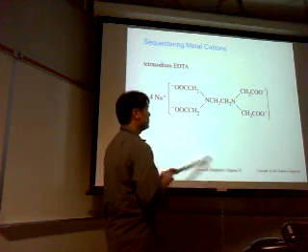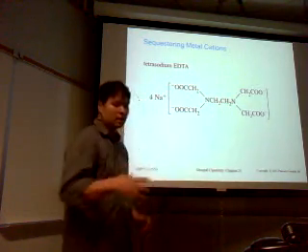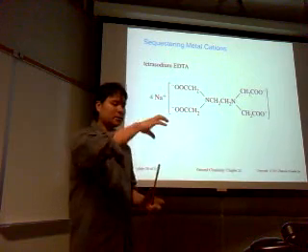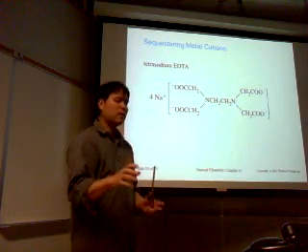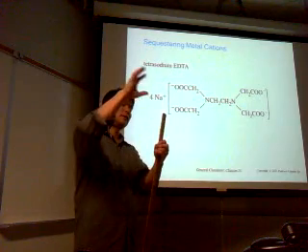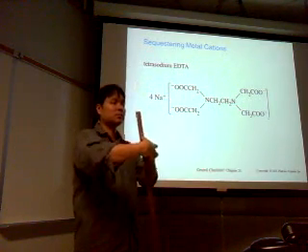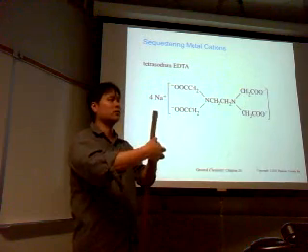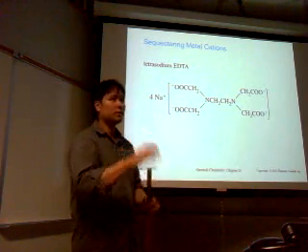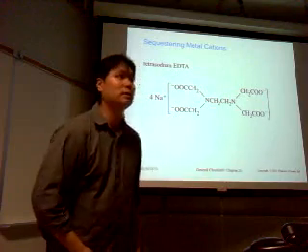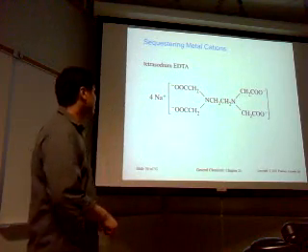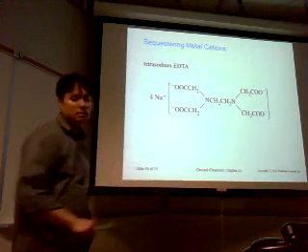And so EDTA is often used to extract the lead out of your blood because the lead will attack certain proteins. But rather than having it attack the protein, if the EDTA comes along and encapsulates it, then it's pretty much neutralized. It can't bind to the protein now. And then you can excrete the EDTA lead complex. But I guess now I'm officially out of time, so I'll talk about this next time.